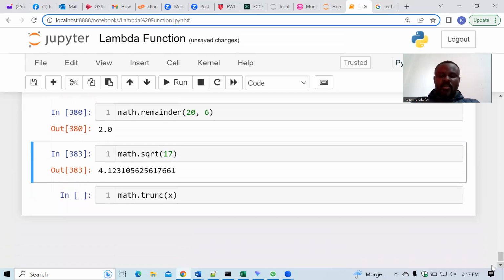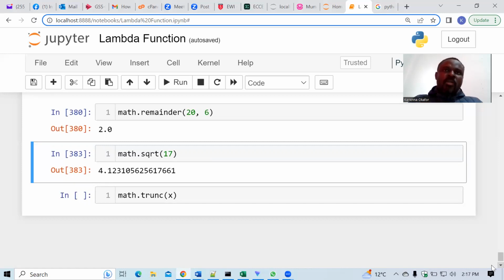And lastly, the trunc method. As the name suggests, when we use the modf, we got the integer part of that operation and the fractional part.